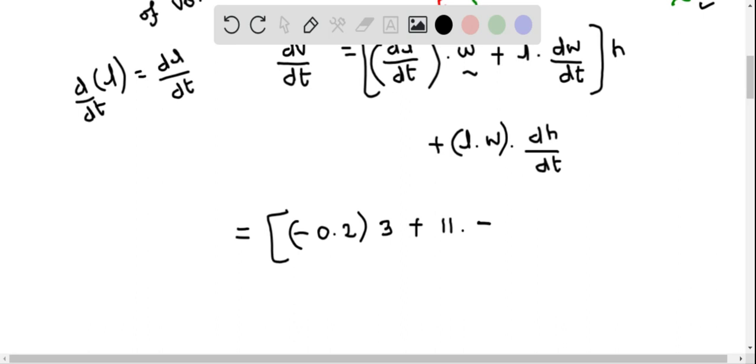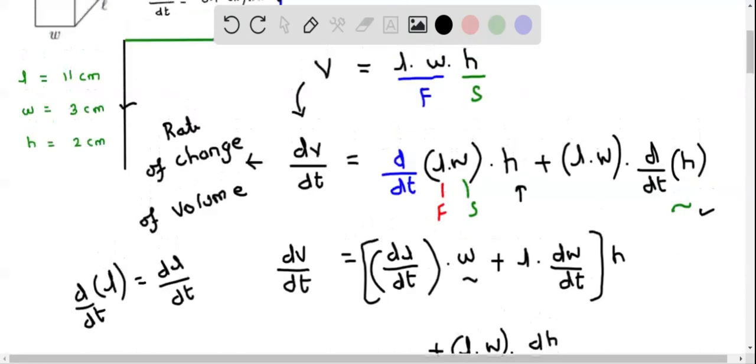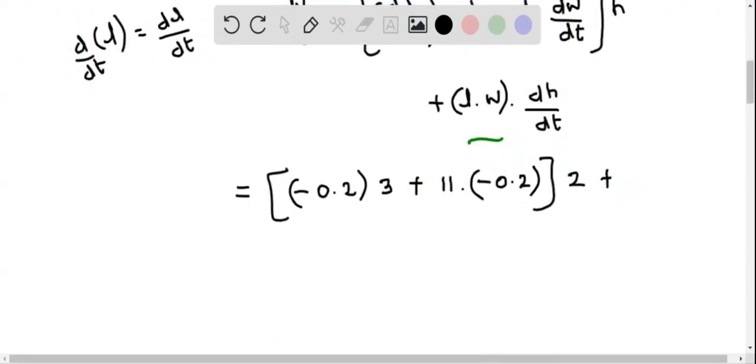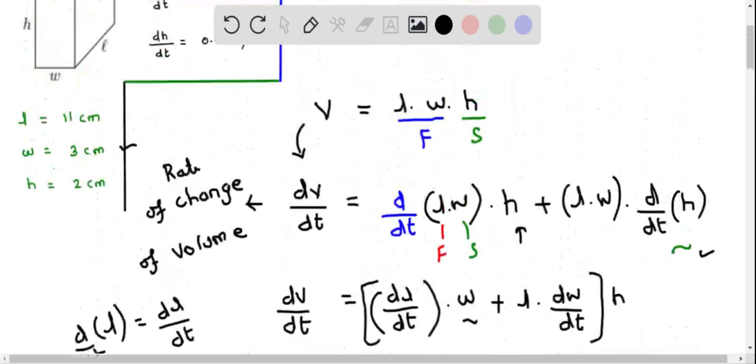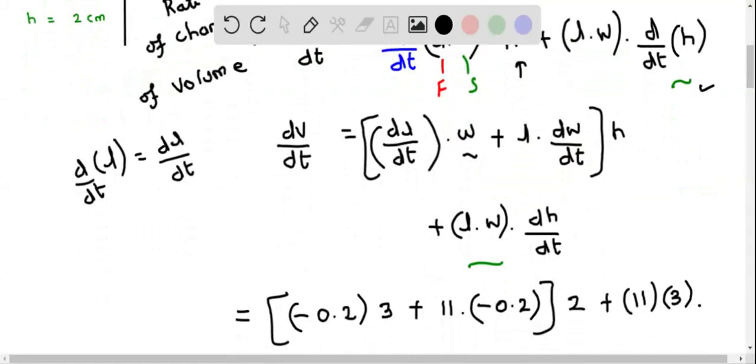We know that it is negative 0.2 times the height. The height is 2 centimeters. So I just put 2 here, plus substitute for length times width. Length is 11 and width is 3, so it is 11 times 3 times dH over dt, that is the rate of change of height, which is 0.1 centimeter per minute. So I can put 0.1 here.